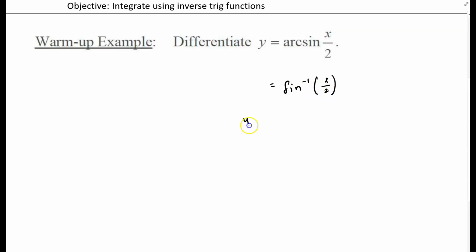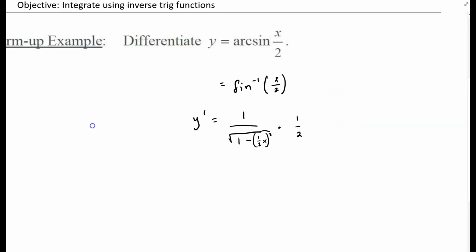If I want to differentiate this, y prime is equal to the derivative of arcsine, which is 1 over the square root of 1 minus whatever this argument is here. So I have 1/2 x, and that is squared. Now I also have to take the derivative of the inside, which is 1/2 x, so that is just 1/2.